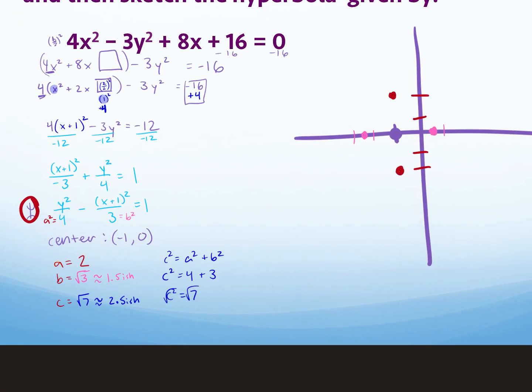So for my foci, because C tells us the foci, it'll be from the center. Do I go left and right for my foci or up and down? Up and down, because that's where our transverse axis is. Our transverse axis is the vertical line. So I'm going to go up 2.5-ish from the center and down 2.5-ish from the center.